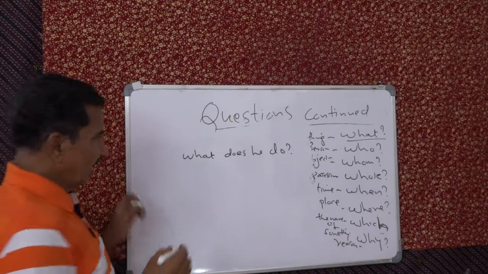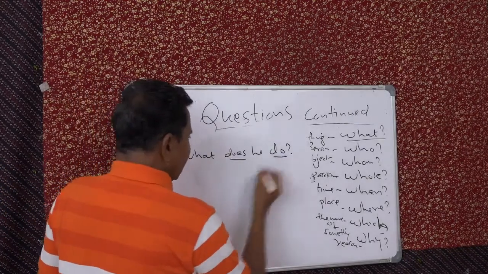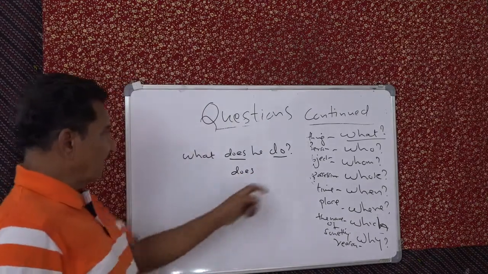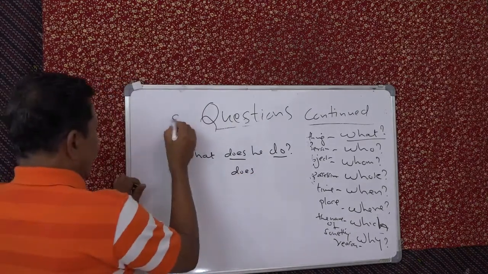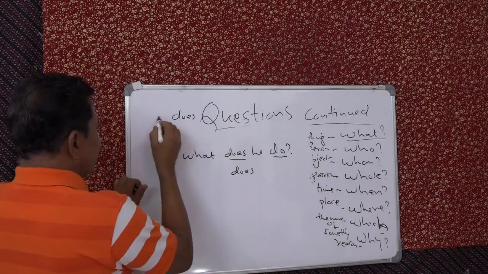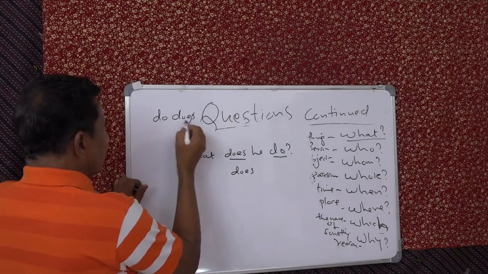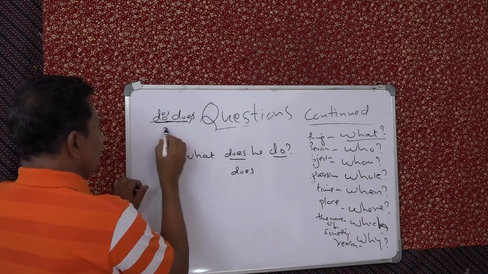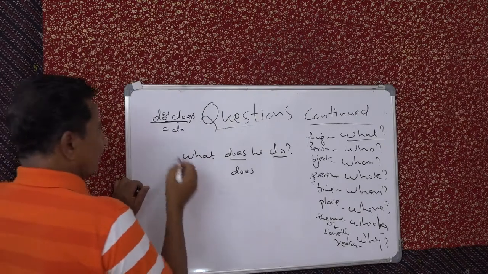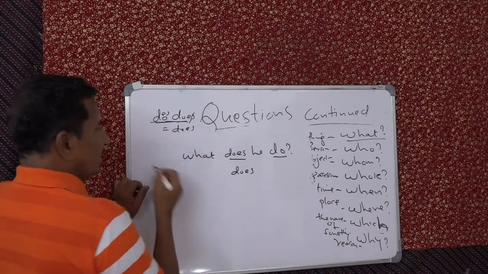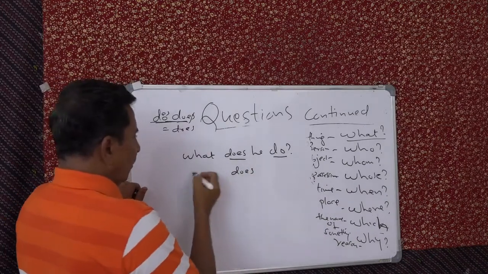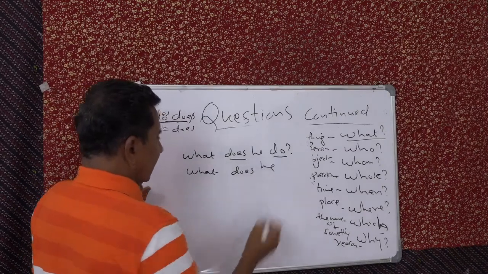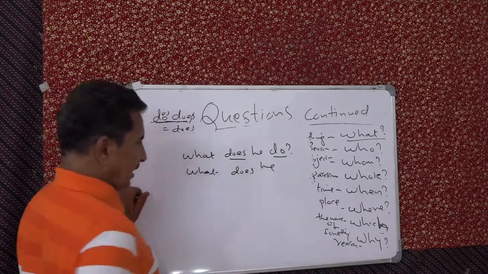What will you do? Does do is equal to does. Because how did you get this? Look at this. Does. I insert do. Then S is taken here. Does do is equal to does. So here, does do what? Does he. What does he?